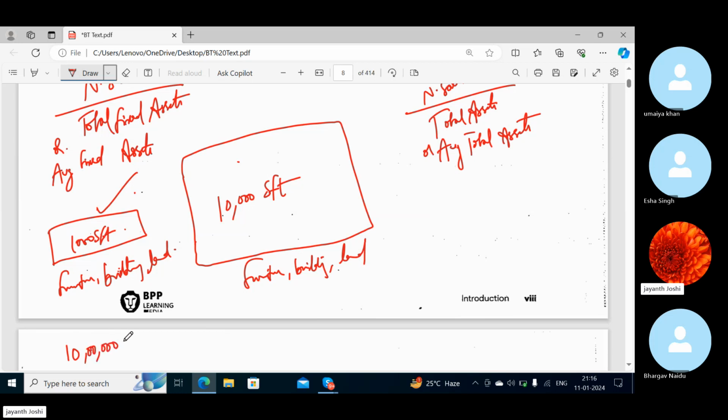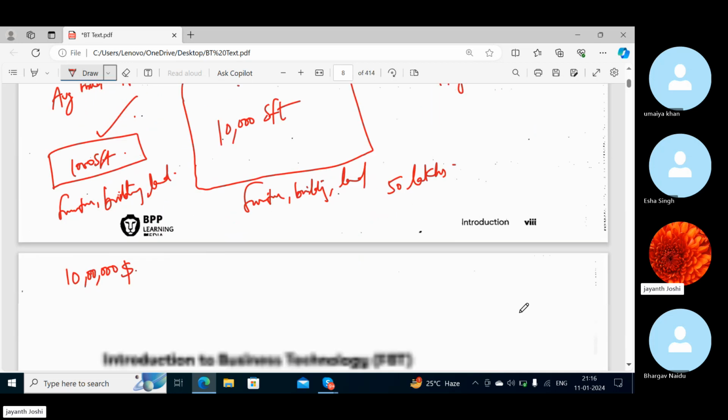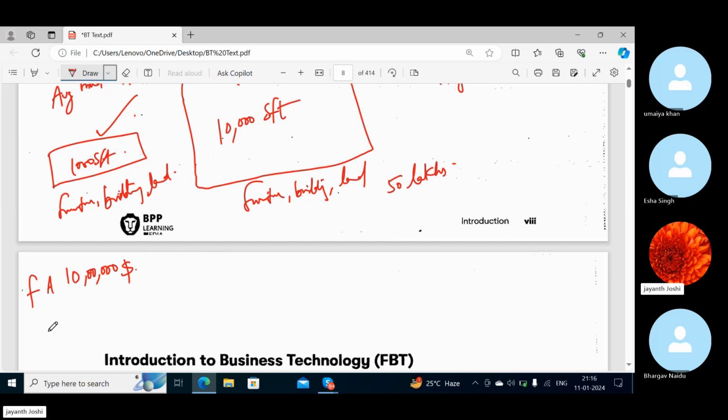Let me give you the figures in Indian terms. Here it is 10 lakhs; there they have spent 50 lakhs, because it's a very big area. That is the fixed assets investment you have made.